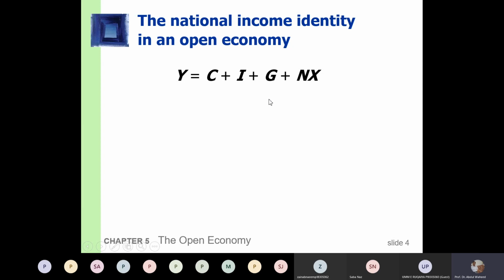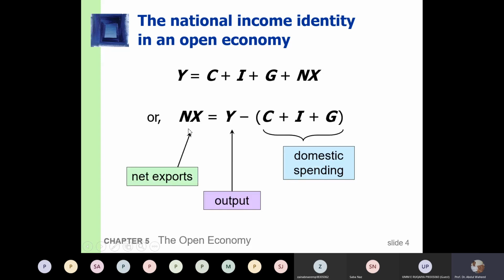If we have a closed economy, then we have only C plus I plus G. Now if I take net export, then net export equals Y minus C minus I minus G. Minus is common here, so we have C plus I plus G. Y is the output, and C plus I plus G is the domestic spending.